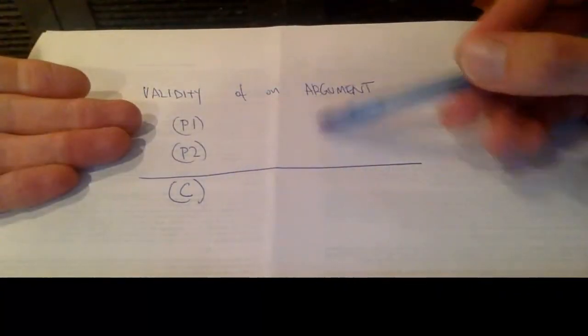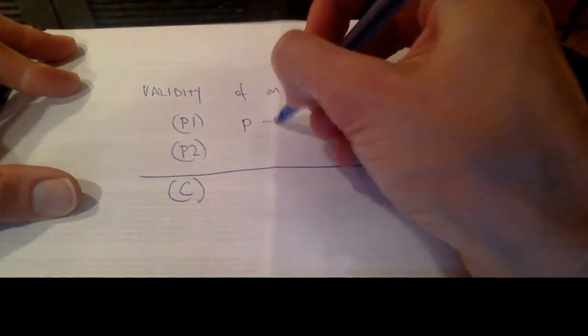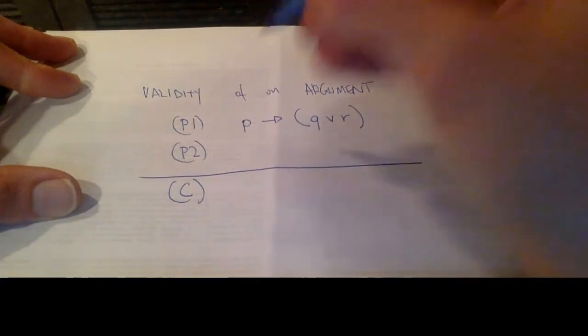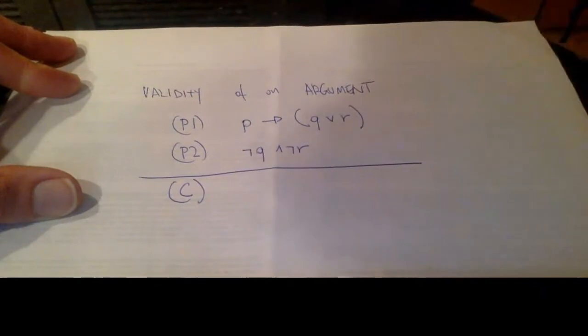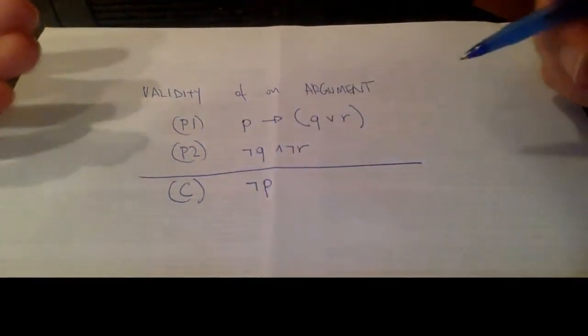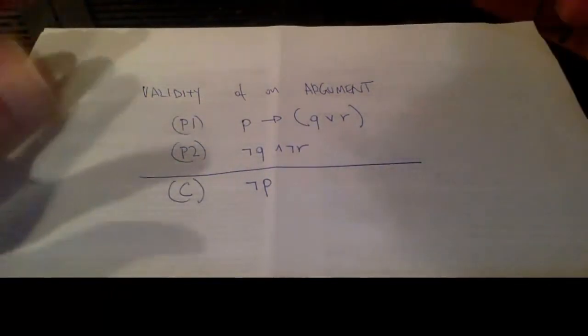You could have an argument with more than two premises, but let's consider just a simple case. Suppose we have as premise number one, P implies Q or R, and as premise number two, not Q and not R, and as conclusion, not P. The question is, is this a valid argument or not?